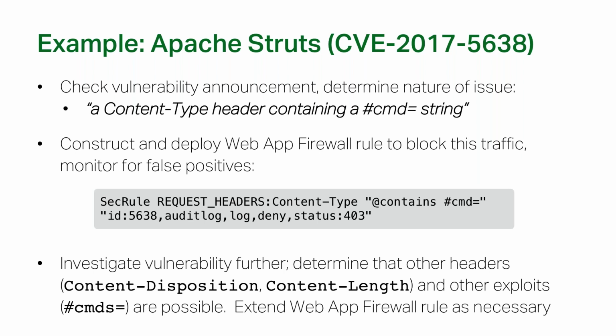In the vulnerability announcement, it was described as being exploited with a content type header containing a hash command equals string. With that information, you can very easily create a suitable ModSecurity web application firewall rule that will block traffic where the content type header contains that suspect string.